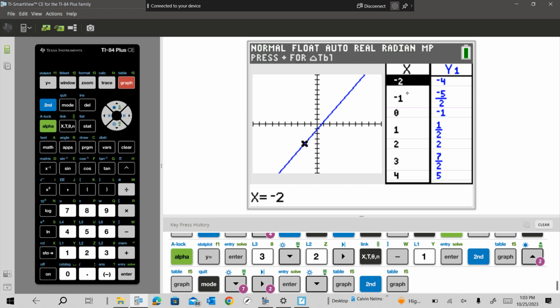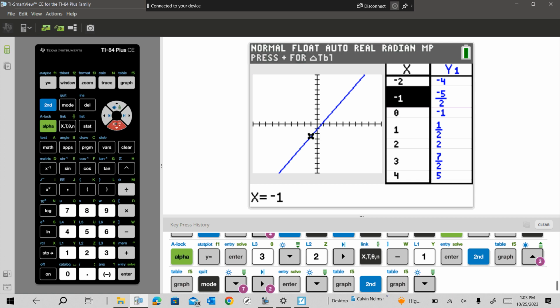Even as I scroll down, it's going to show it on the table, and you're going to see a little X on the graph where that point is located. Does that make sense? So when you're doing your tables and your graph, you can do them at the same time if you're in that mode.